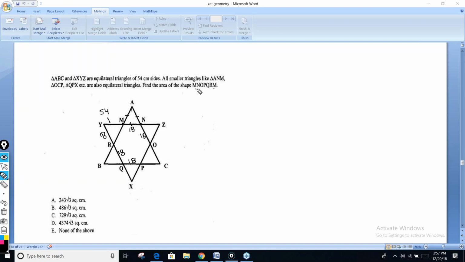So what do we need to find? We need to find the area of the shape MNOPQR. The easy way to do it is to find the area of the hexagon because all the sides are 18. If you know the area of the regular hexagon, you can directly do that. And if you do not know, the area of a regular hexagon is n a square by 4, cot pi by n. You can get the answer directly from this because this is a regular hexagon.